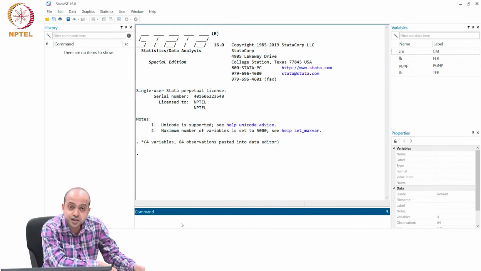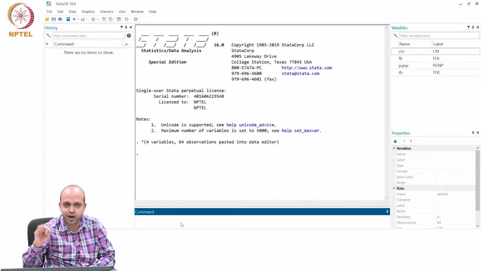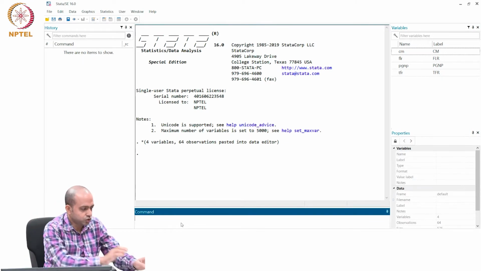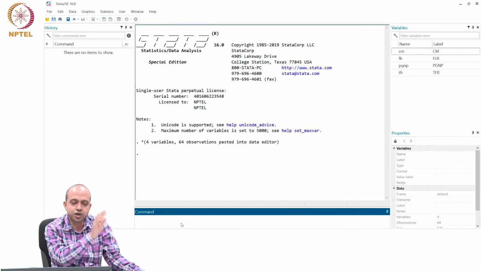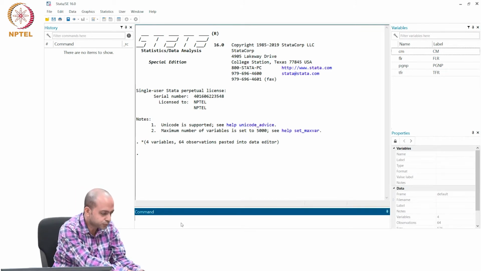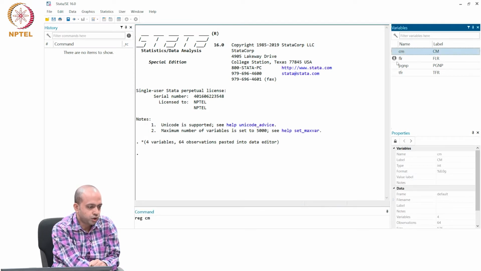Since we are interested in the net impact of FLR, we are eliminating the impact of Pgnp. So, first step, we are removing the impact of Pgnp on CM. How to do that? We will run the regression reg CM on Pgnp.